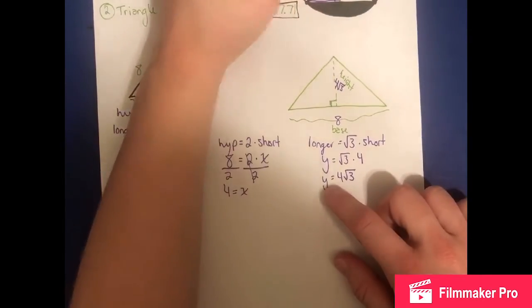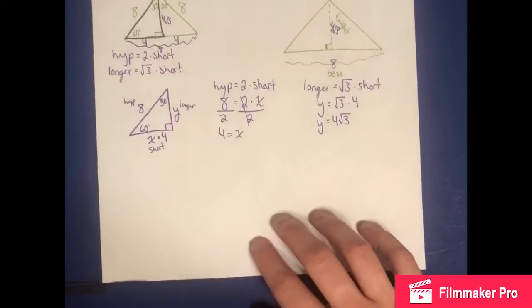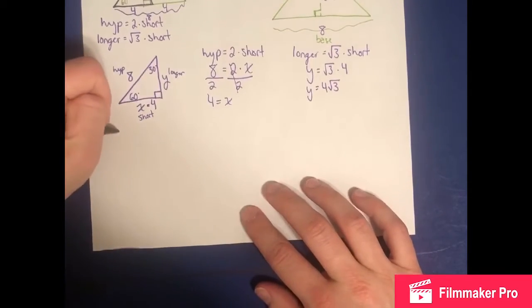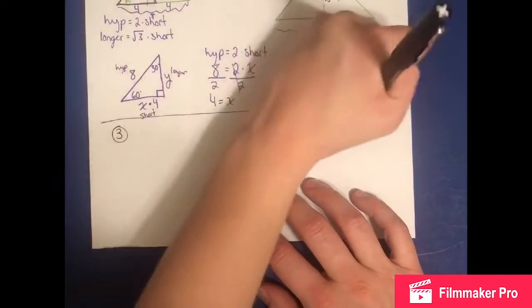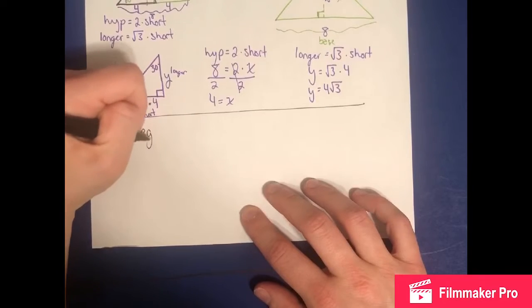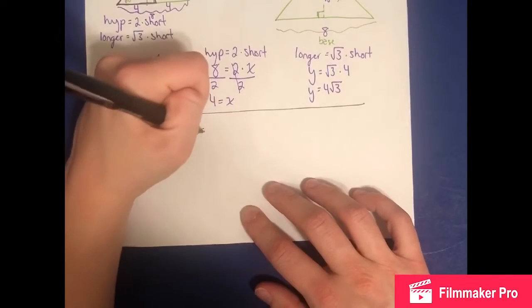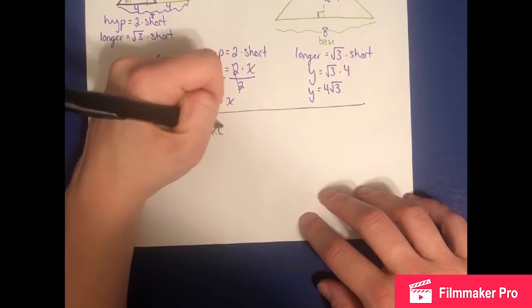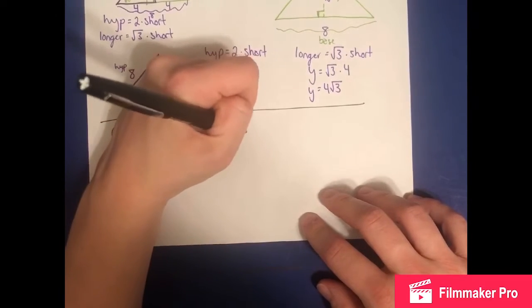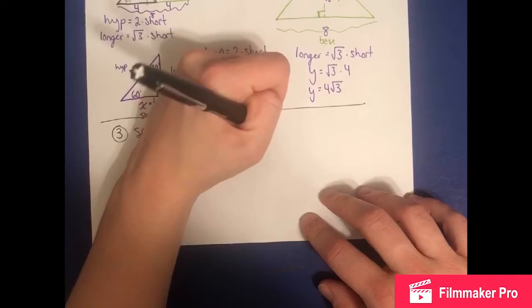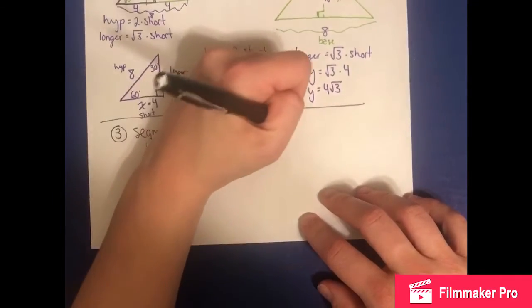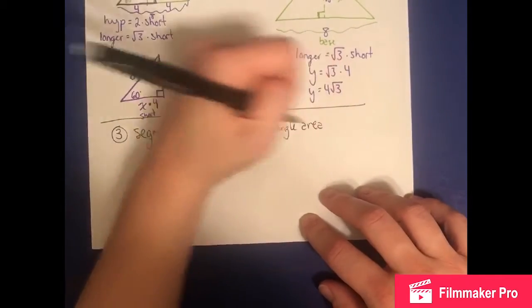We have one last step, which is going to be to find the segment area. And the segment area is equal to the sector area minus the triangle area.